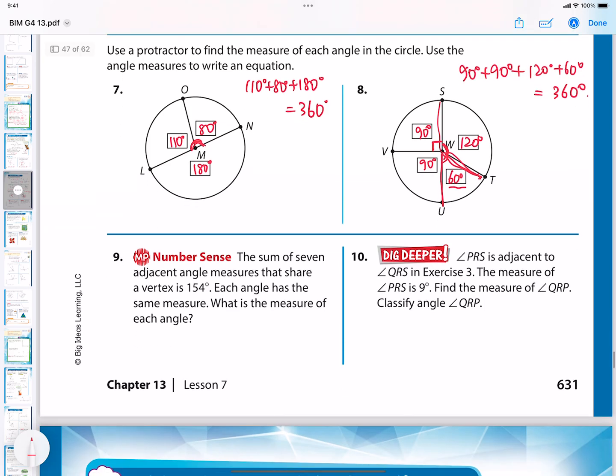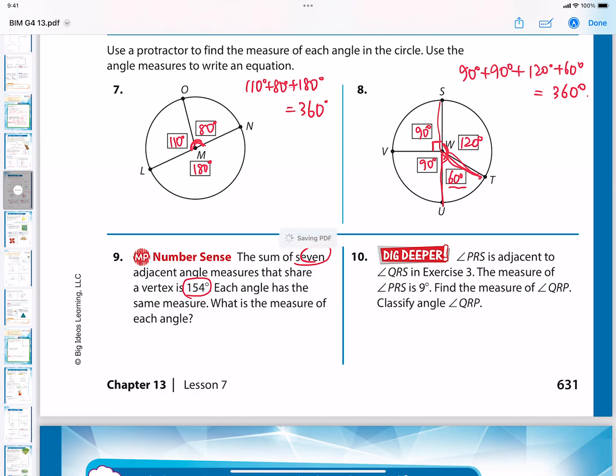Okay, now number 9. The sum of 7 adjacent angle measures that share a vertex is 154 degrees. Each angle has the same measure. What is the measure of each angle? Sum of 7 adjacent angles added together is 154.